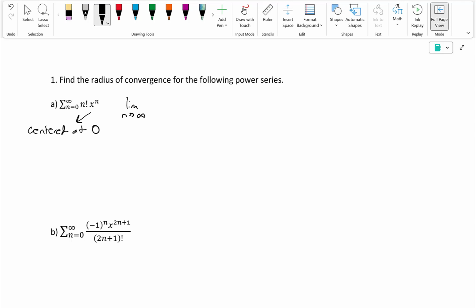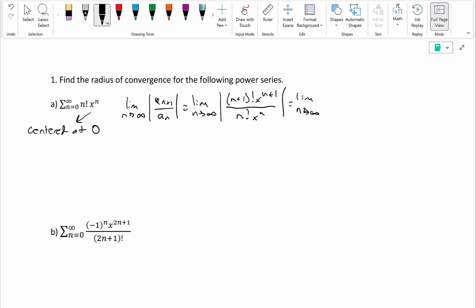So we've got the limit as n approaches infinity of a sub n plus 1 over a sub n, which here would be our limit as n approaches infinity, absolute value of n plus 1 factorial times x to the n plus 1, all over n factorial times x to the n. We can write that out to see our cancellations.